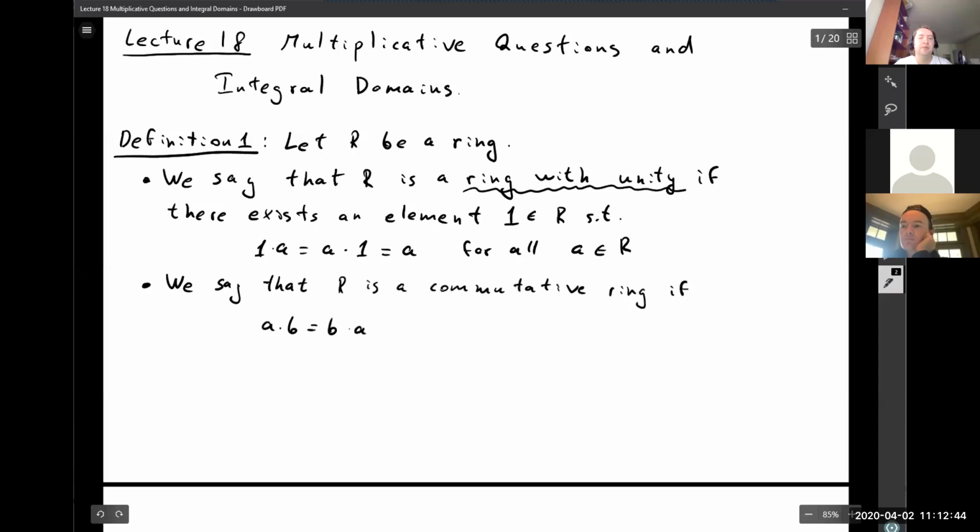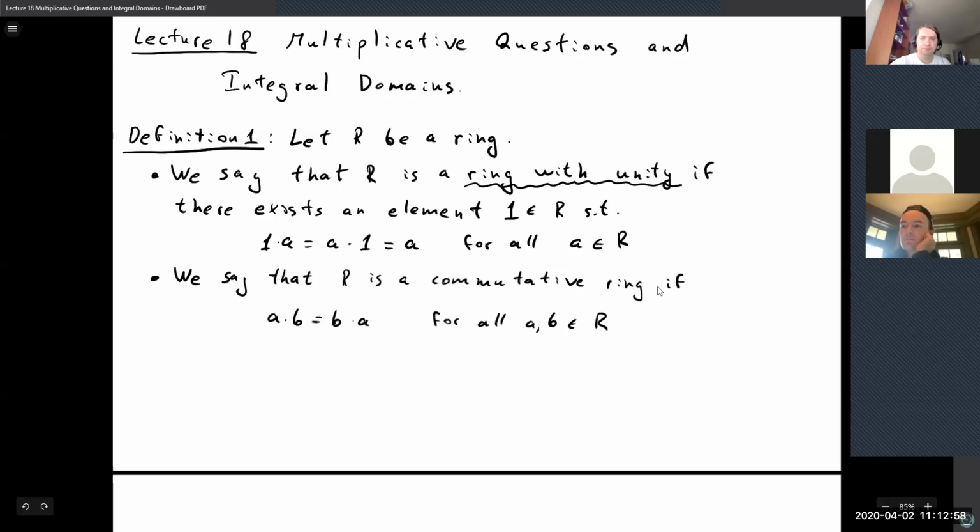In other words, AB equals BA for all A, B in R. Okay, so today we will have a closer look at the second binary operation, which is multiplication.